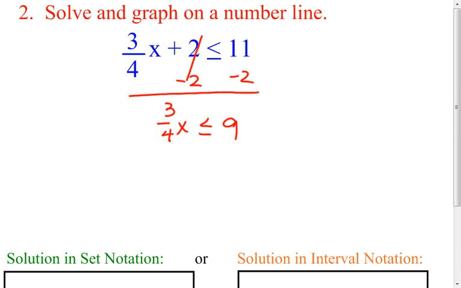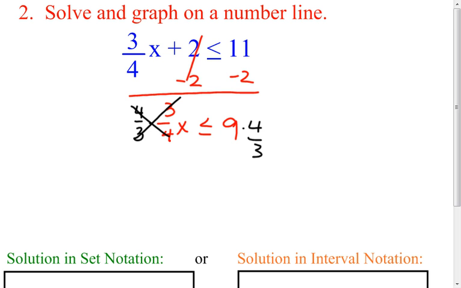And oh my goodness, I have a fraction. I know, some of you will freak out. Dividing by a fraction, remember, is the same as multiplying by the reciprocal. So I can either think of dividing by 3/4 or multiplying by 4/3 on both sides.